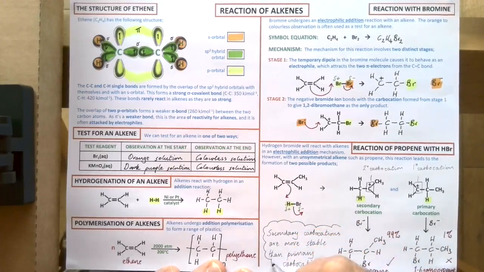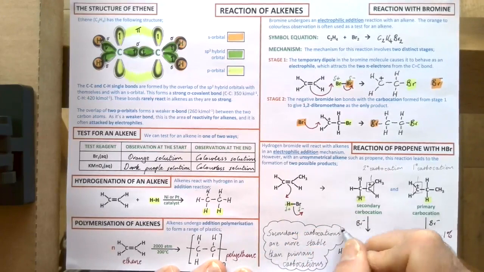So that is the reason why you get 2-bromopropane over 1-bromopropane.